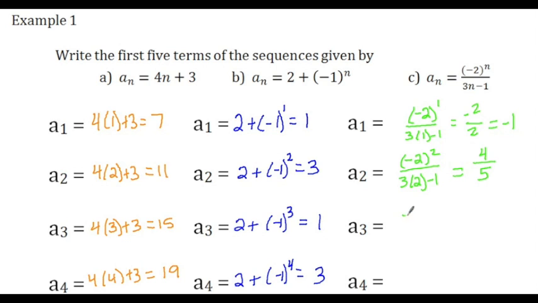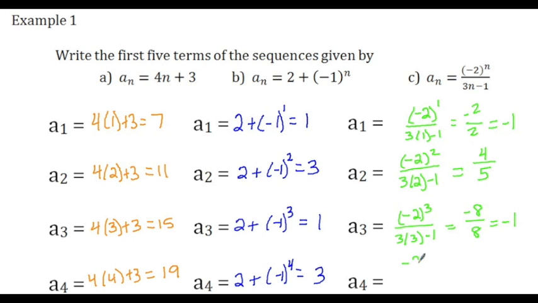And then we have a negative 2 cubed over 3 times 3 minus 1. That is negative 2 times negative 2 is 4 times negative 2 is a negative 8. 9 minus 1 is 8, and that goes back down to a negative 1.